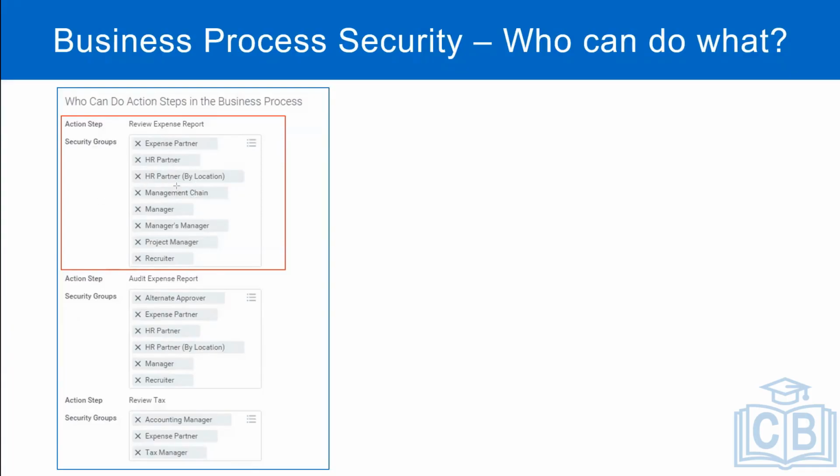In my business process definition, I will not be able to select compensation partner for the review expense report task. Understood? Questions, doubts?